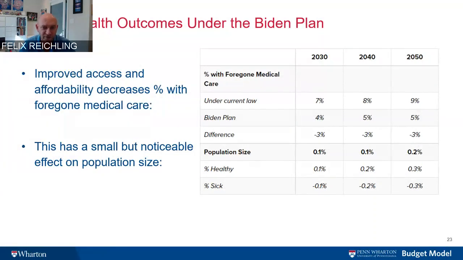So by 2050, we already see that the percent of the population that is healthy has increased by 0.3%, with a corresponding decrease in the sick population. Because healthy people have a longer life expectancy, the overall population size also increased by up to 0.2% in 2050.